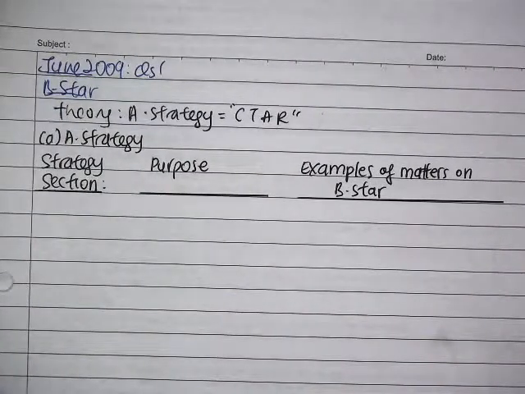If you know the theory, you know what you're going to write, and you know how to start. If you never study the theory, it would be very difficult to answer the question.